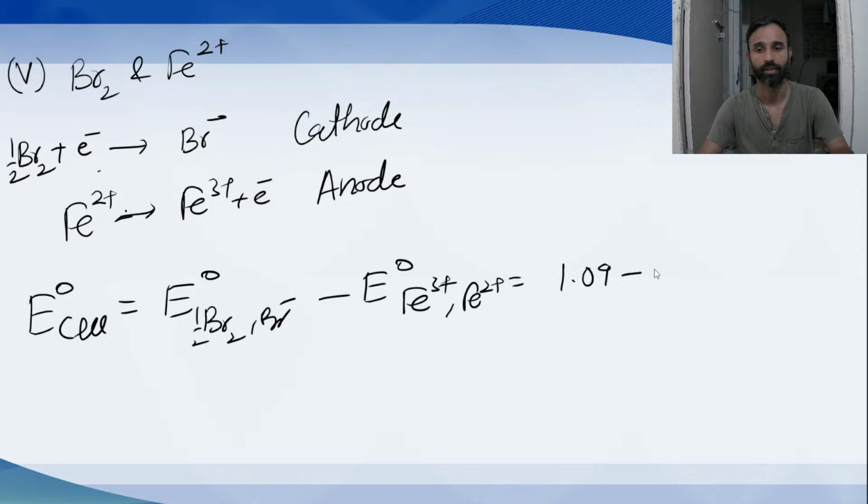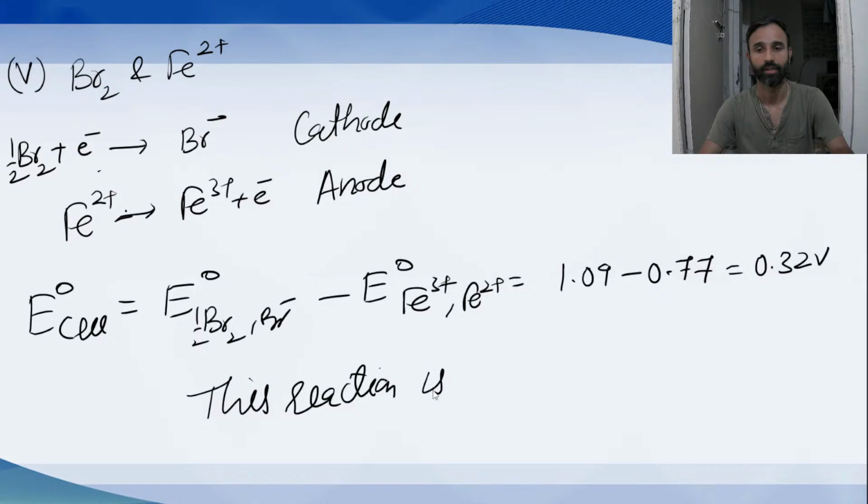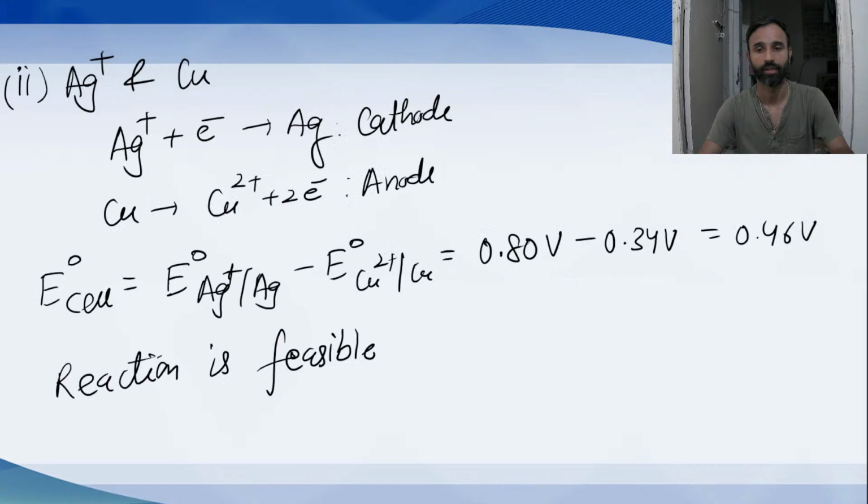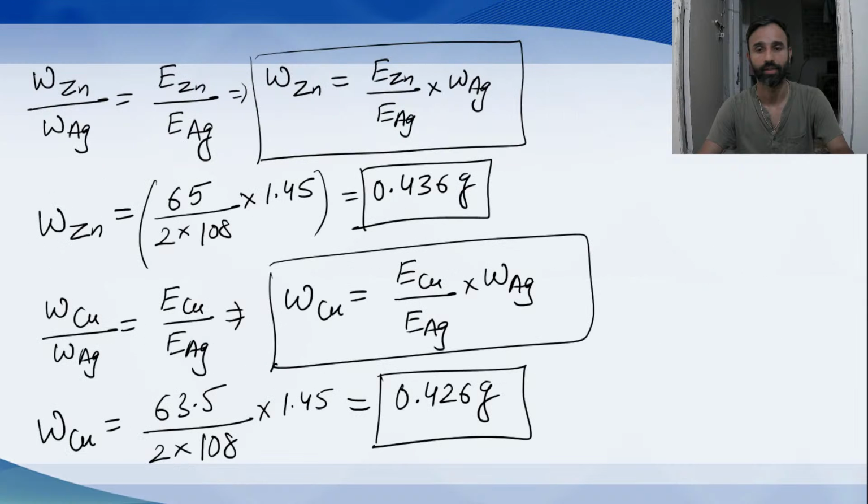It is 1.09 minus 0.77, which is 0.32 volt, which means this reaction is feasible. So this is question number 17.